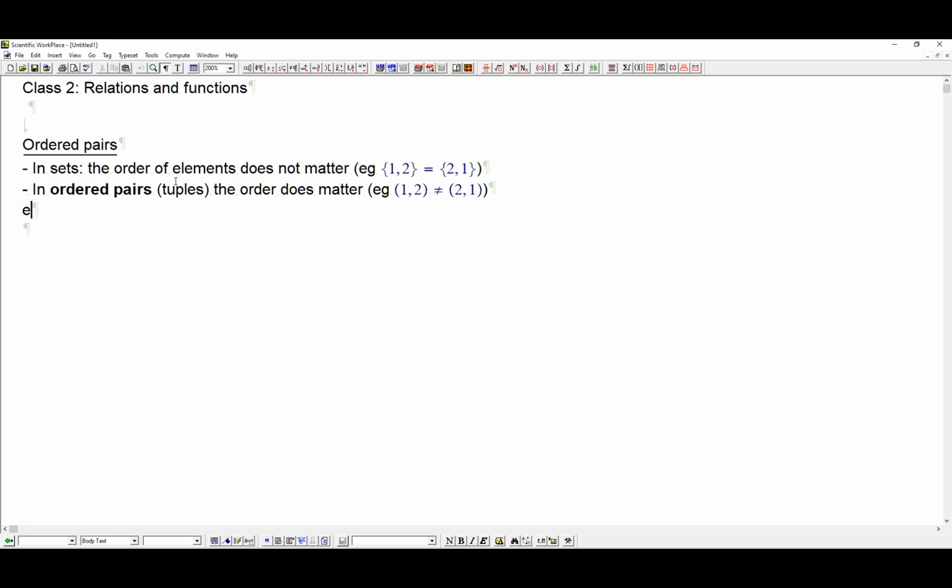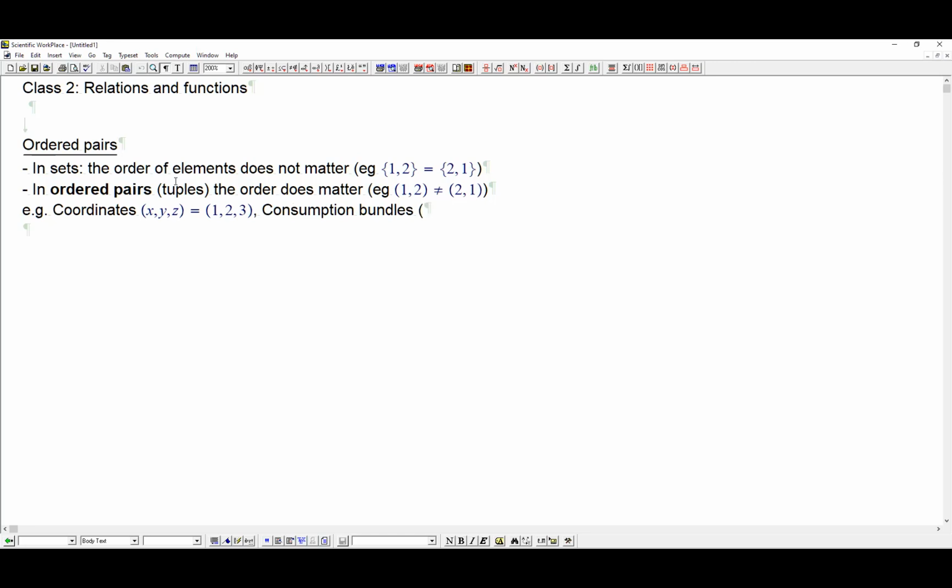An example that we see often is coordinates. For instance, (X, Y, Z) equals, say, (1, 2, 3). Or yeah, baskets of consumption, consumption bundles.